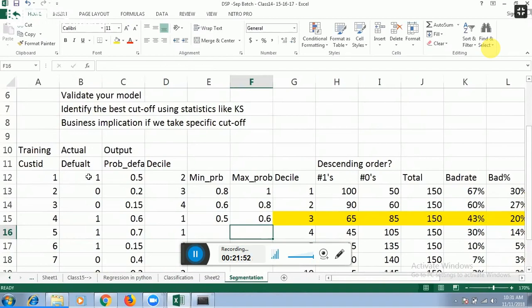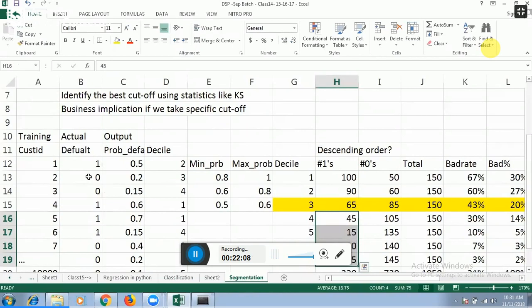But are we ready to take that much risk, or that much losing of customers? For example, I'm losing these many customers which are actually good customers, but you are predicting them as bad customers. And these customers are actually bad customers, but you are predicting them as good customers. So are you ready to take that much risk? That is the business implication if we take that as a cutoff.